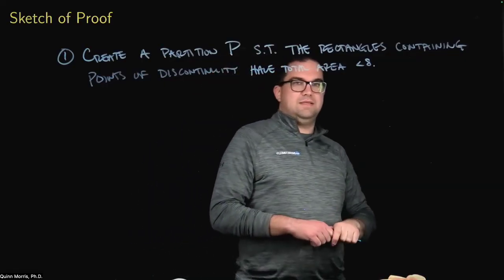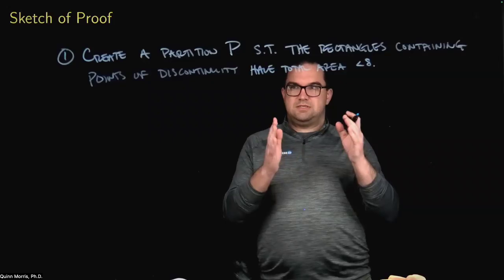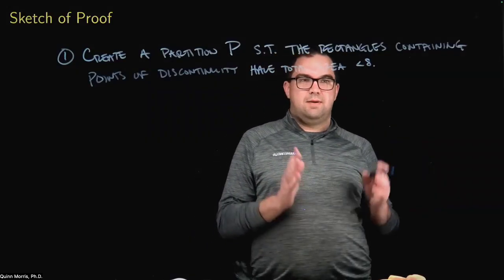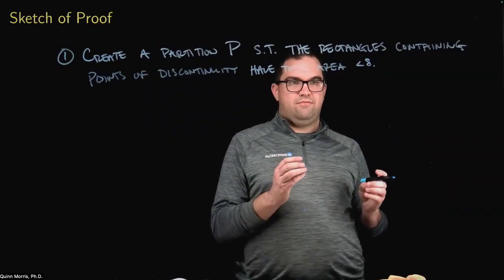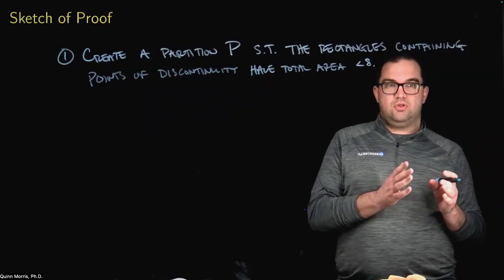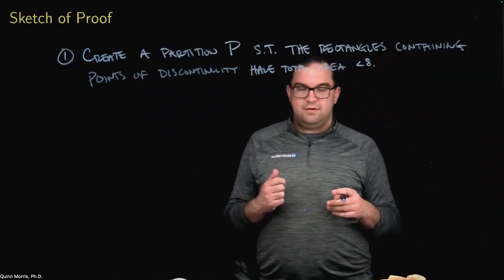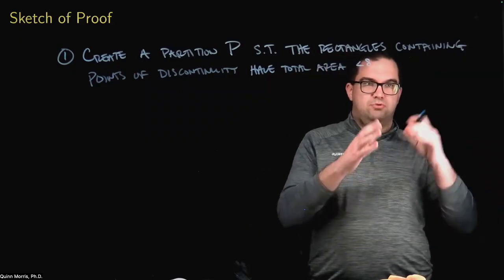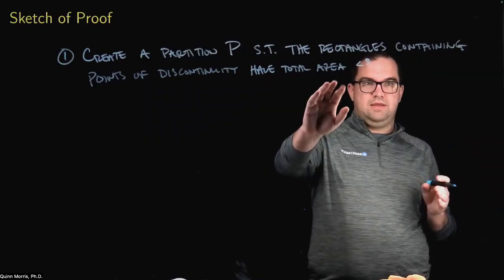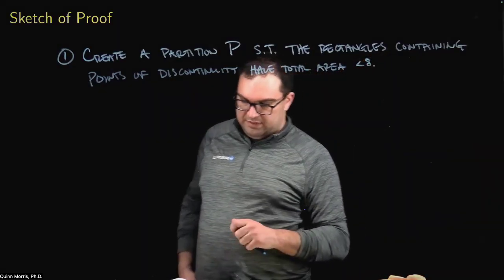Okay, so the idea is you make this delta, and since my points of discontinuity have content zero, I can cover them up with a bunch of rectangles whose total area is as small as I want, say less than delta. And so just build your partition so that those rectangles that contain the points of discontinuity have this. So this is really just using the content zero piece.